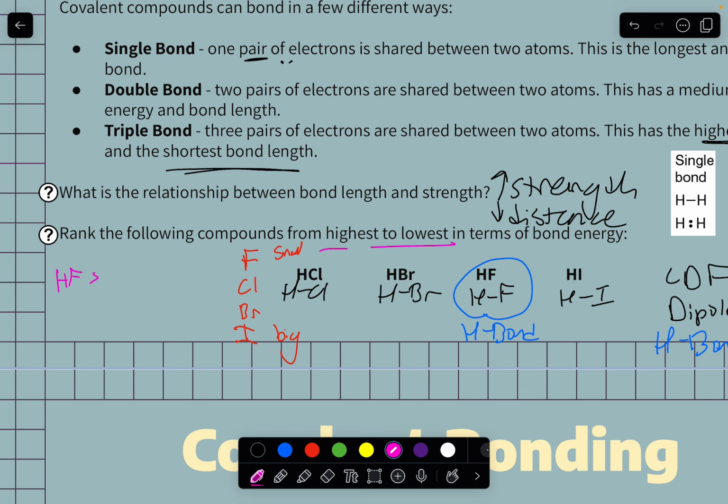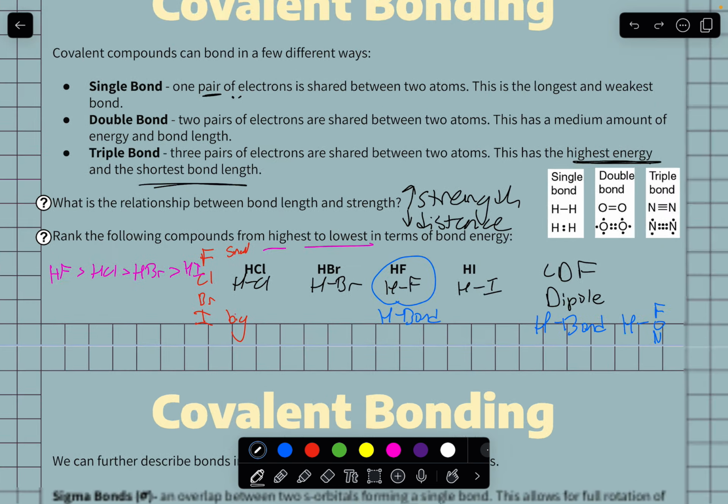The closer together it is, HF is going to be stronger because they're smaller atoms that can get close together. So we're just going to go based on size. After HF, we have HCl, then HBr, then HI is going to be our smallest energy, but biggest bond. When you're ranking bonds, start with looking at intermolecular forces and the forces between the atoms, then go based on size.